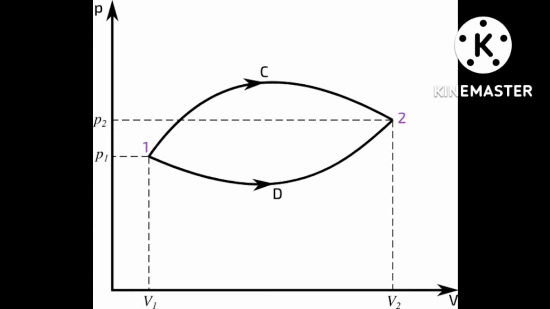Just like someone has given you a gift, money or something, then you became somewhat rich. Then work is done on the system or by the system. On the system means positive, it will increase, the internal energy of the system will increase.